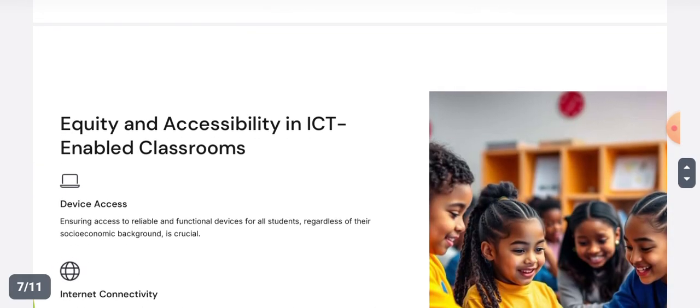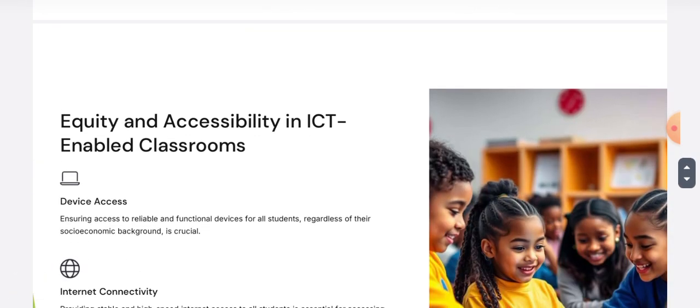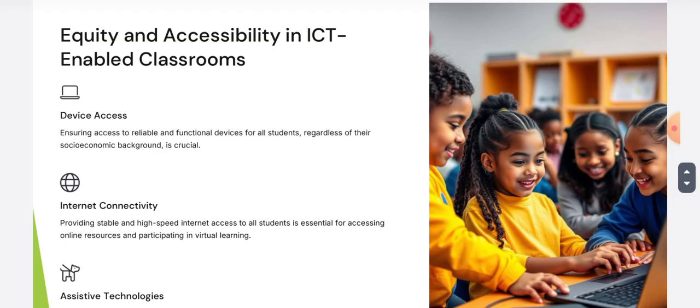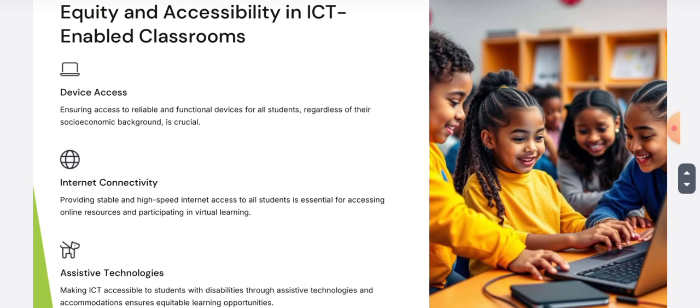Now, equity and accessibility in ICT enabled classrooms. So what does it mean? It means that with the help of this technology, equity and accessibility can be maintained. For example, if all have internet connection and access to devices, then they can all work and learn simultaneously.